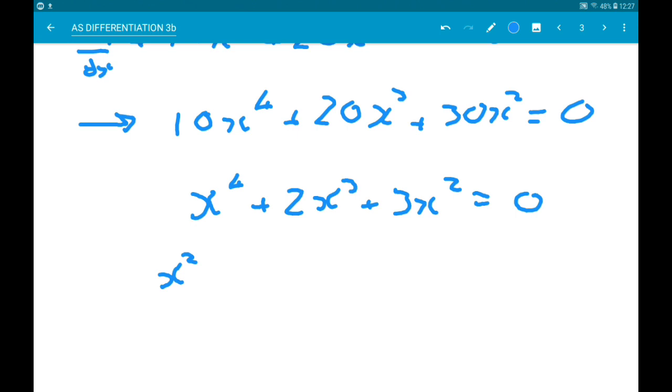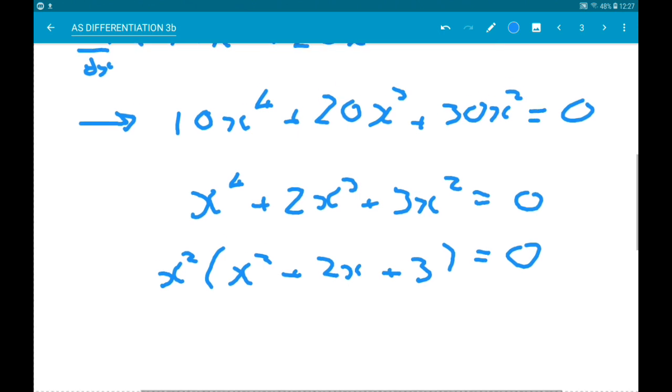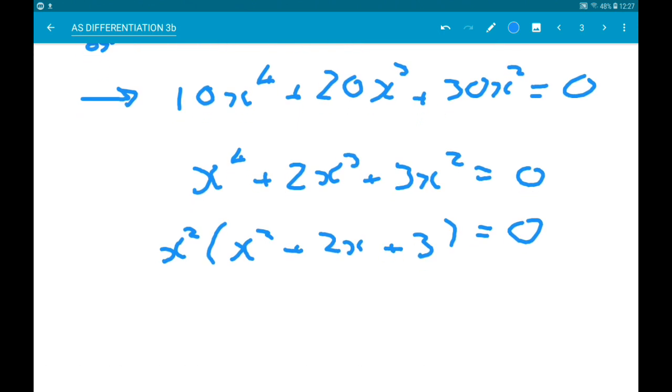So we're taking out a factor of x squared, which is then going to leave us with x squared add 2x add 3 inside the bracket. Now this then tells us there is a stationary point when x is equal to 0.